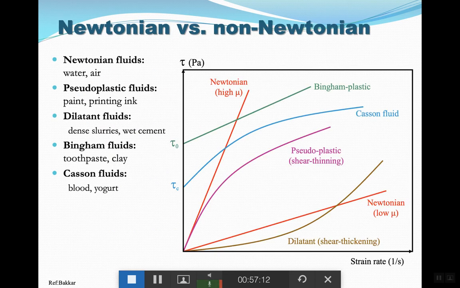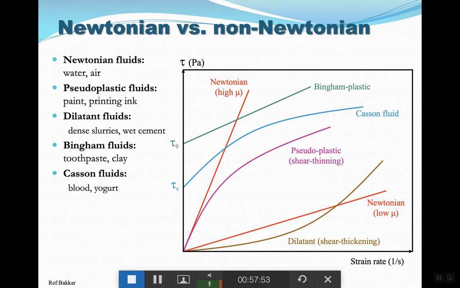The next, very important part is whether my flow is Newtonian or non-Newtonian. If the flow is Newtonian, like water, air, or many of the other things you are dealing with, the viscosity of your system doesn't change. You have constant viscosity, like water. But there are many materials whose viscosity changes with different parameters.